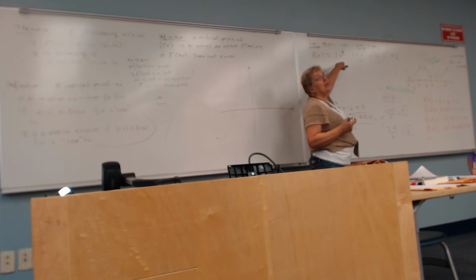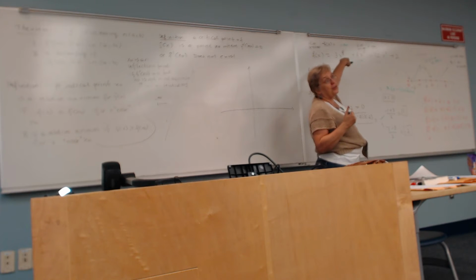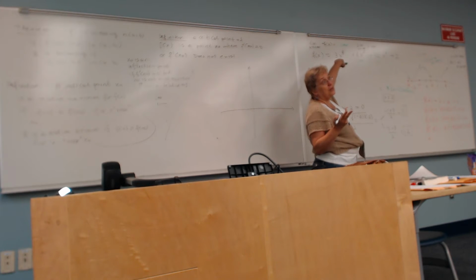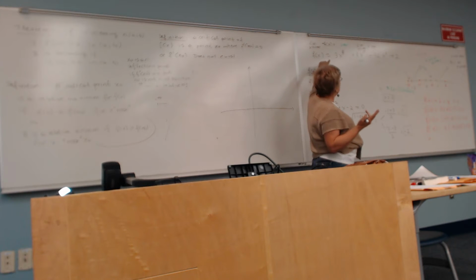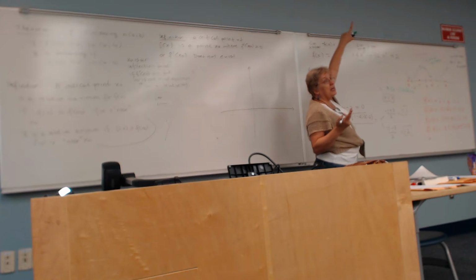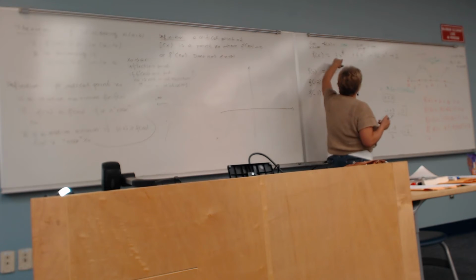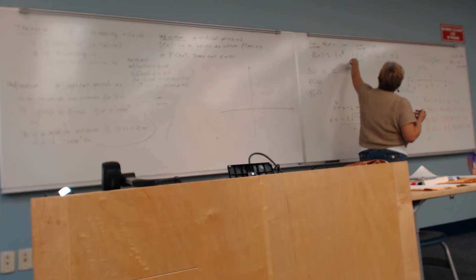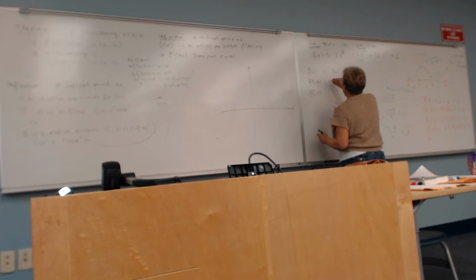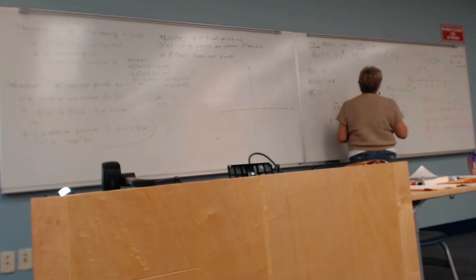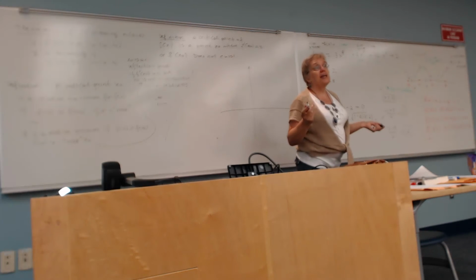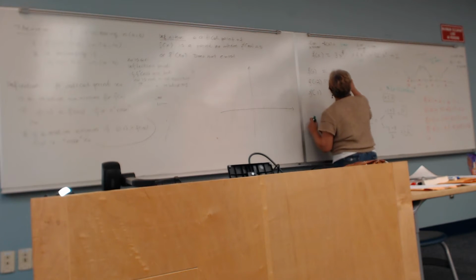3 times 2 to the 4th is 16, right? So 3 by 16 is 48. Plus 4 by 8, so 32.